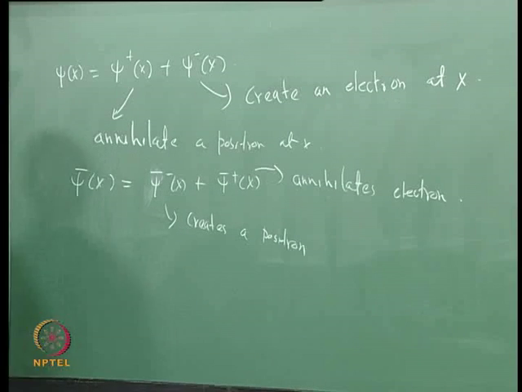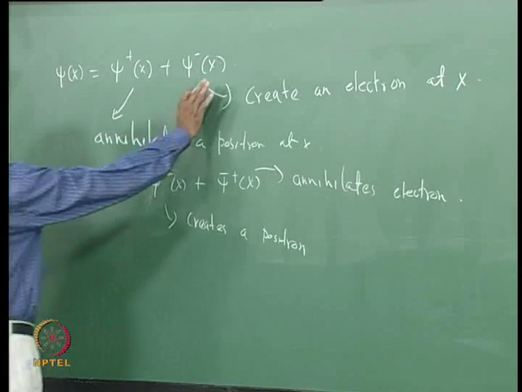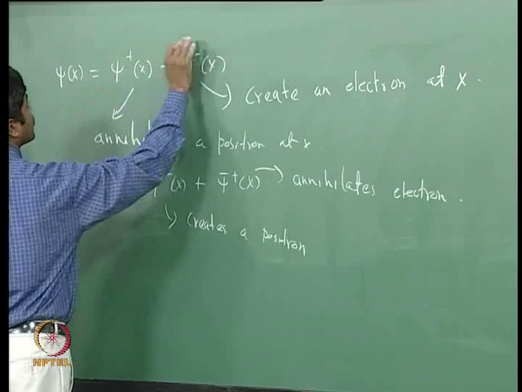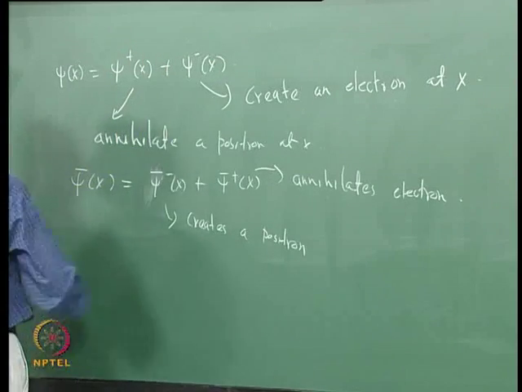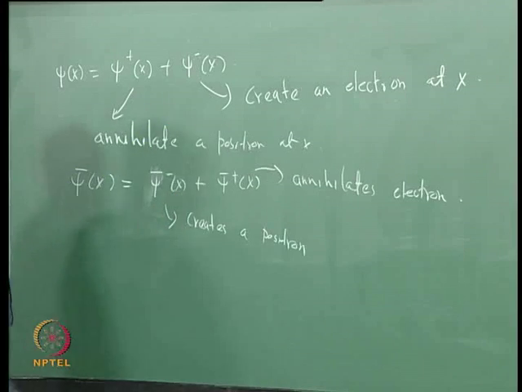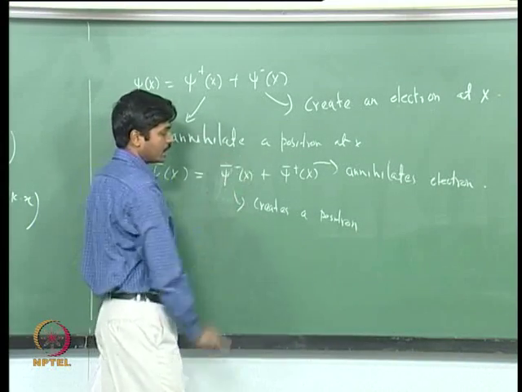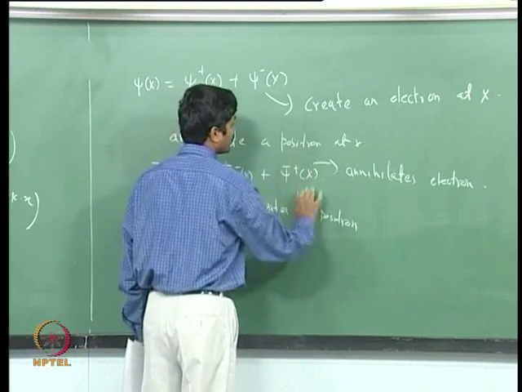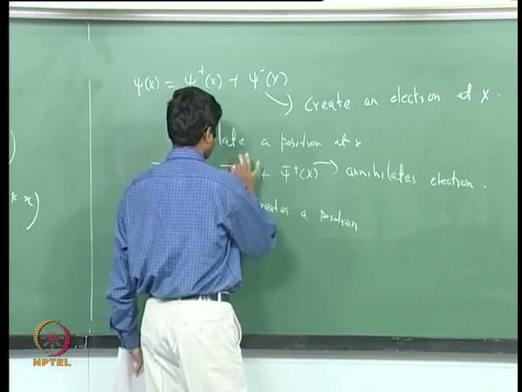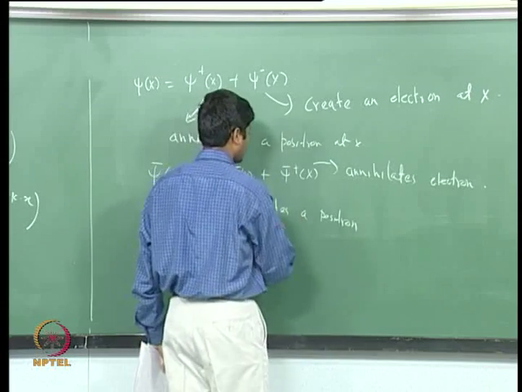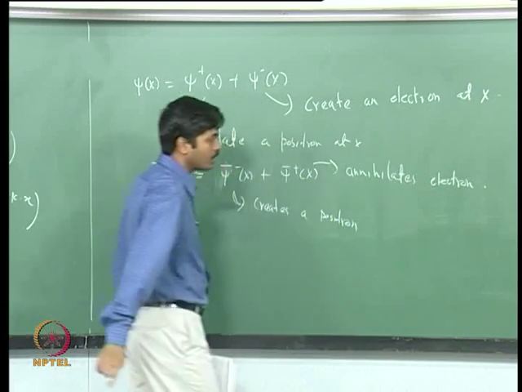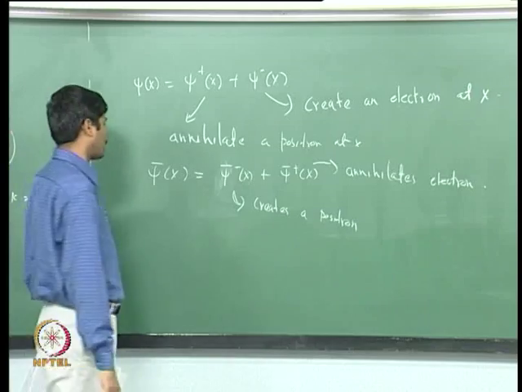Okay. So here the negative frequency component creates an electron, whereas the positive frequency component annihilates a positron. Here the opposite thing happens, in the sense that the negative frequency component creates a positron, whereas the positive frequency component annihilates an electron.